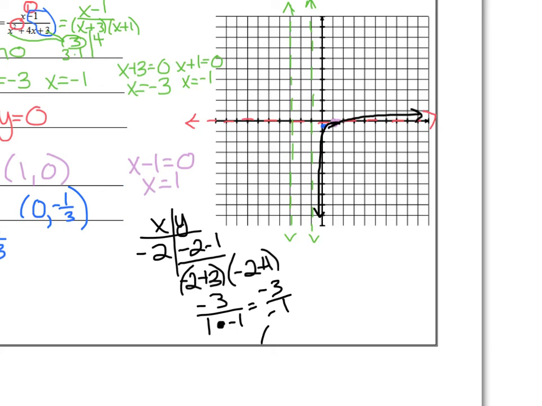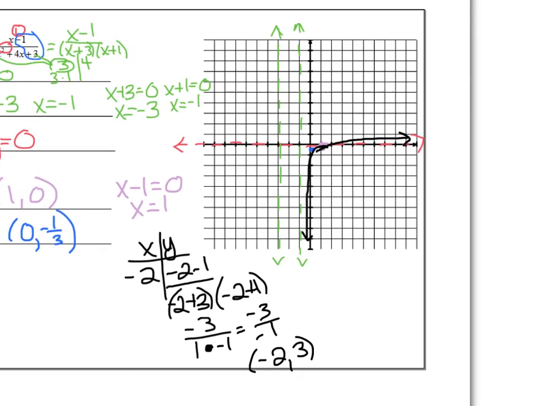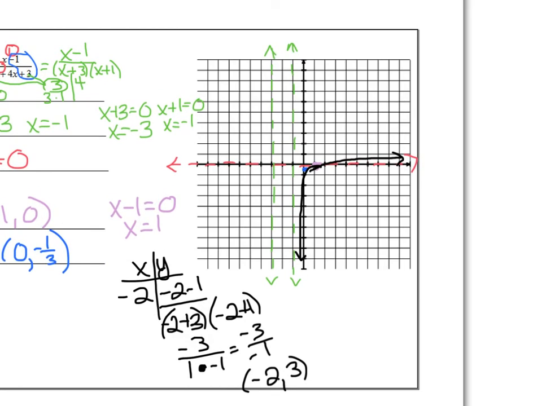So we're going to graph the ordered pair with -2 for x and +3 for y. So we have -2 and then up 3. From this point, I know it needs to curve towards the asymptotes, and it can't go below this. So it's going to go up as a parabola.